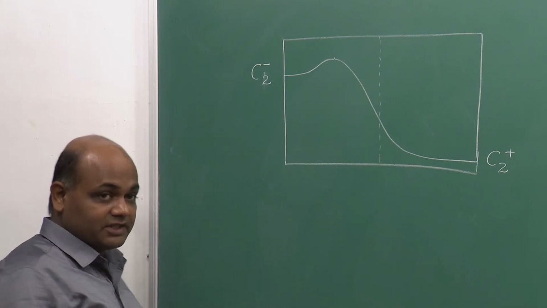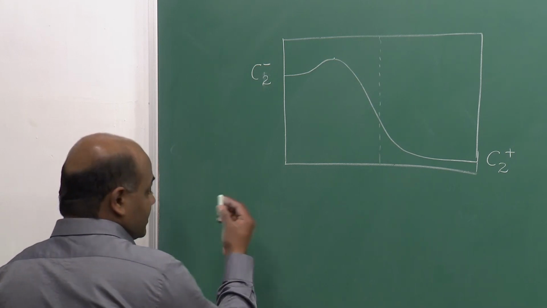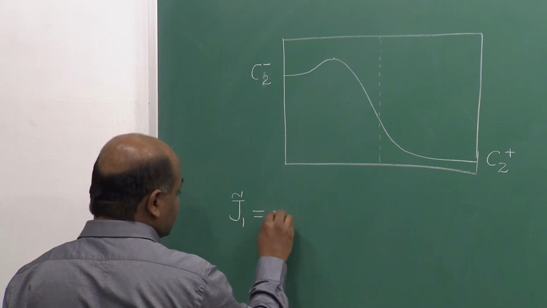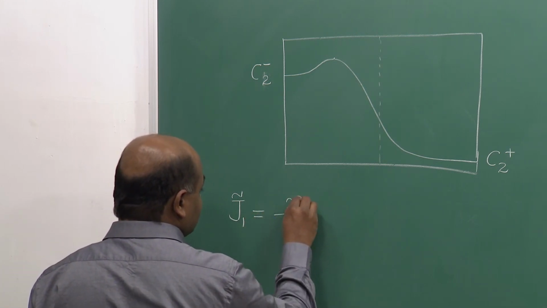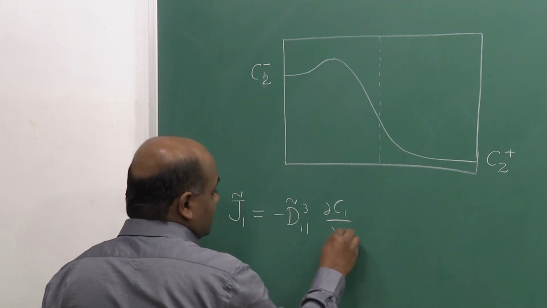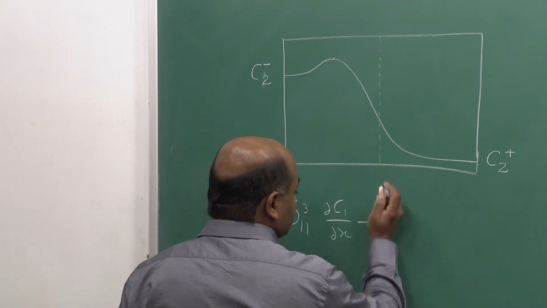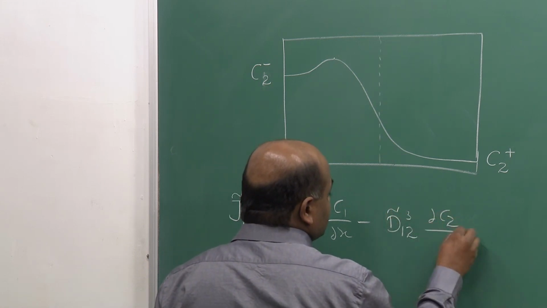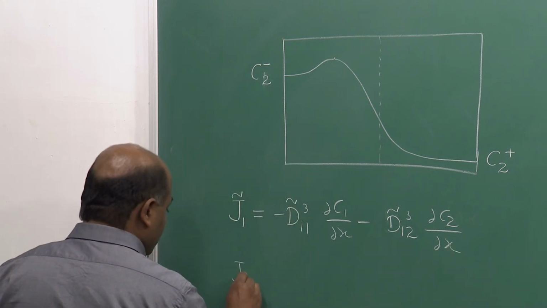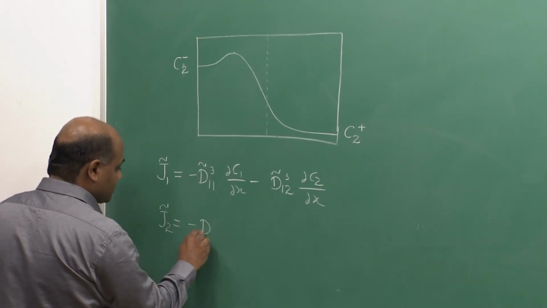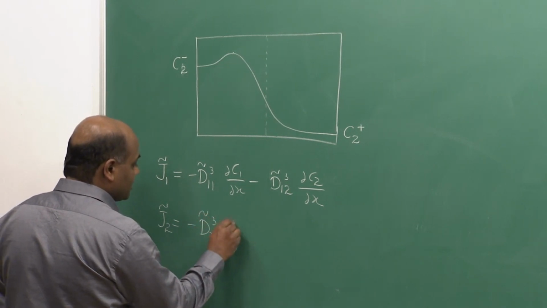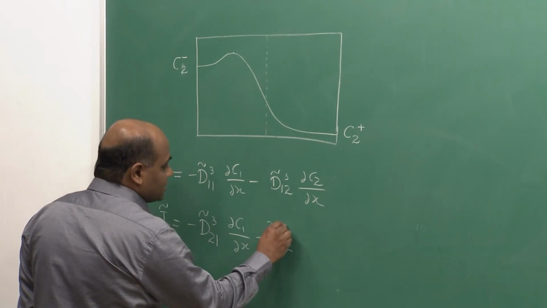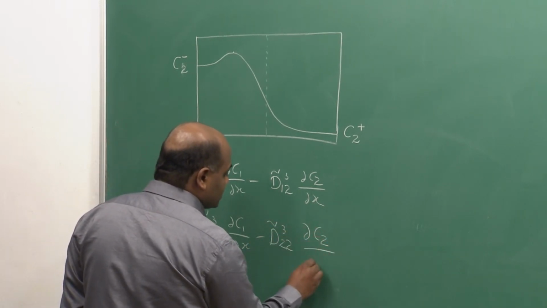So, if this happens in a ternary system, for example, if I treat 3 as the dependent component, I can write 2 independent fluxes as J1 tilde is equal to minus D11 tilde 3 dou C1 by dou x minus D12 tilde 3 dou C2 by dou x, J2 tilde equal to minus D21 tilde 3 dou C1 by dou x minus D22 tilde 3 dou C2 by dou x.